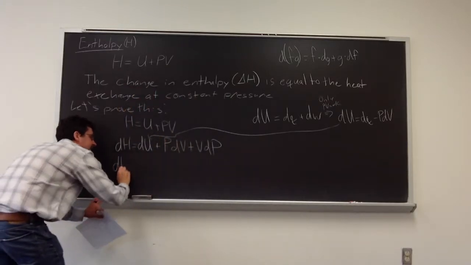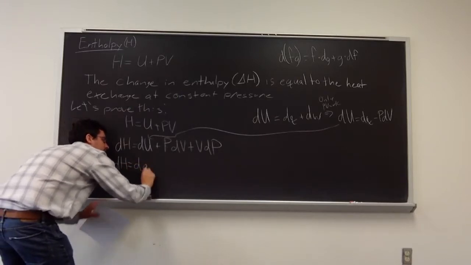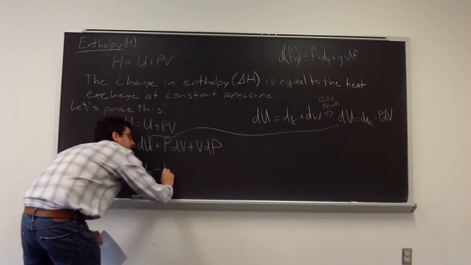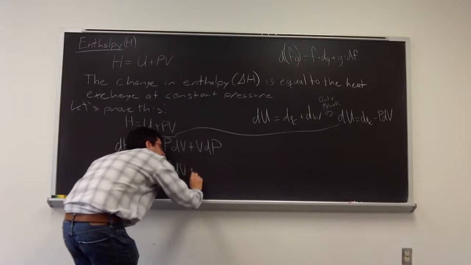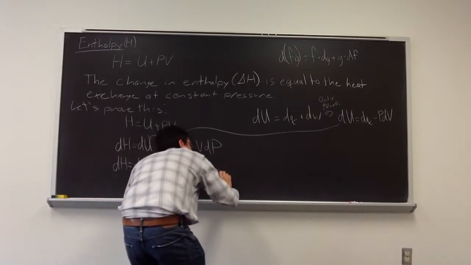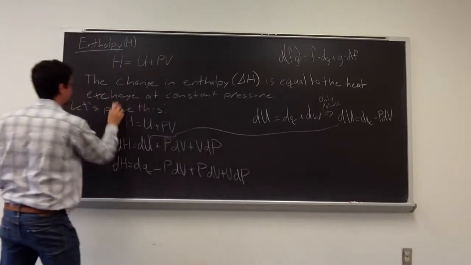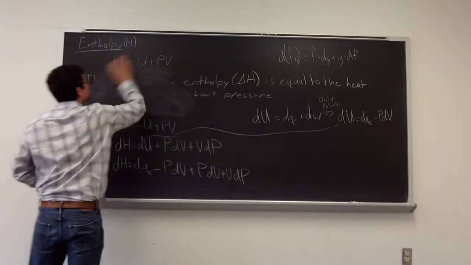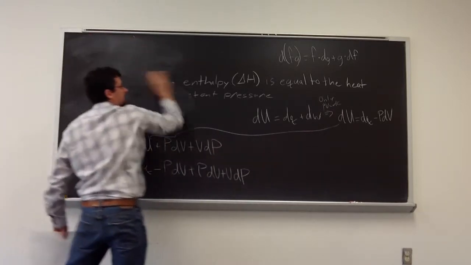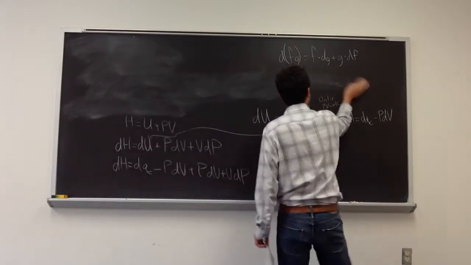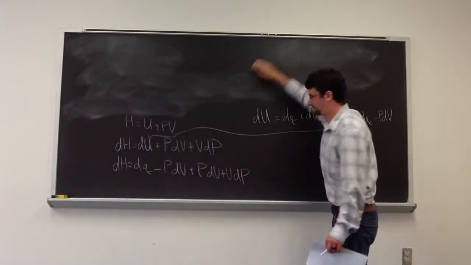We get dH equals dq minus P dV plus P dV plus V dP. Looking at that expression, there are some things that can cancel out.